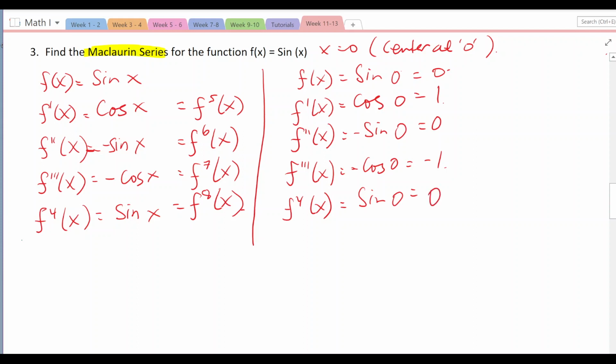And this again, the value of cos is the same as the 5th derivative, f5 of x. This is the same as f6 of x. This is not to the power of 6, this is the 6th derivative, the 7th derivative of the function, and this is the 8th derivative of the function.